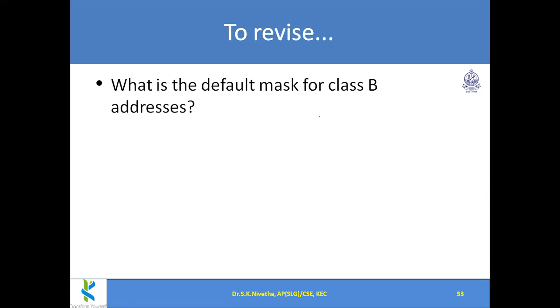What is the default mask for class B addresses? /16. First 16 bits are net ID. What is the default mask for class C addresses? First 24 bits, so /24.